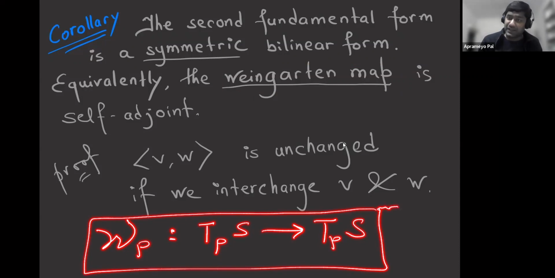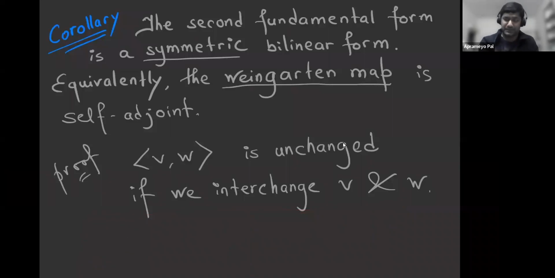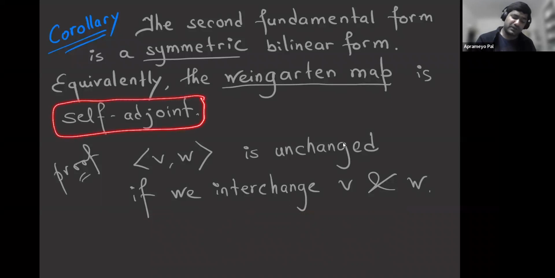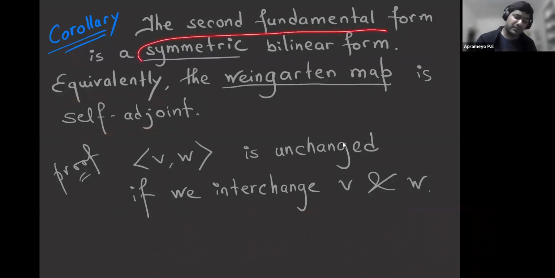And in linear algebra, we learned that a self-adjoint linear map has some nice properties for eigenvalues and eigenvectors. And these things we are going to use later. It's not immediate, but we'll see some different geometrical properties of the second fundamental forms or curvatures. And there we are going to use the self-adjointness property and also the symmetry.